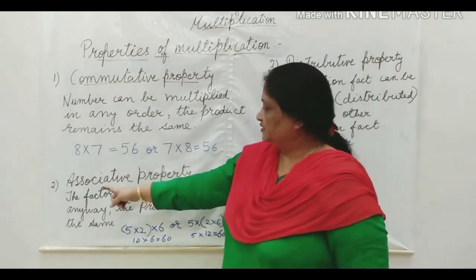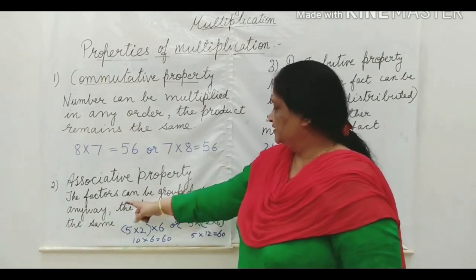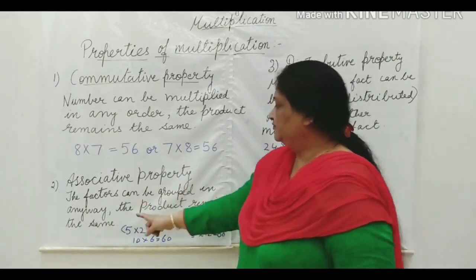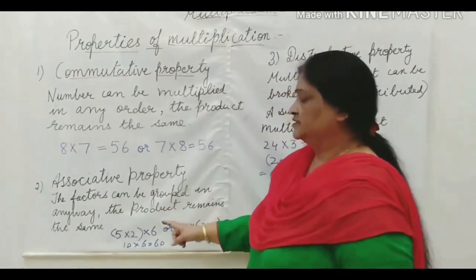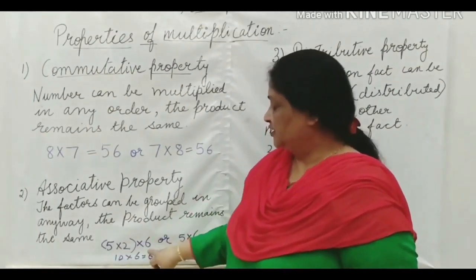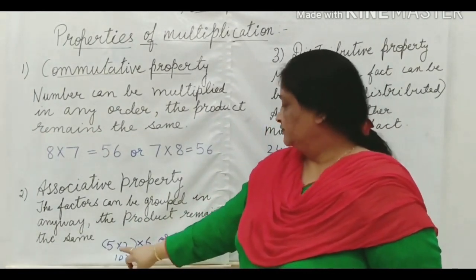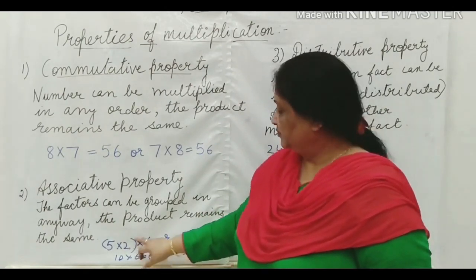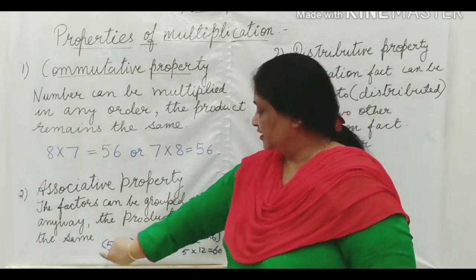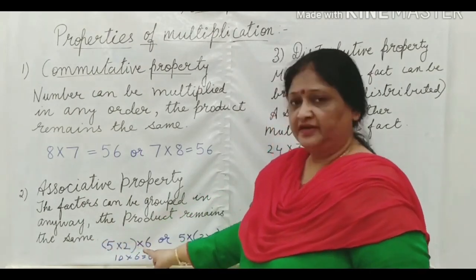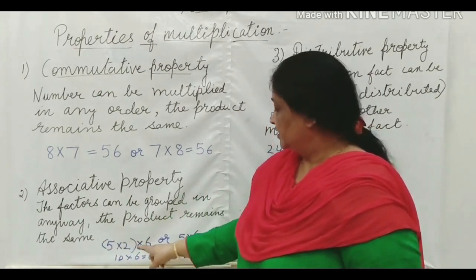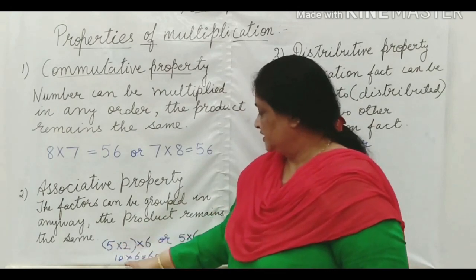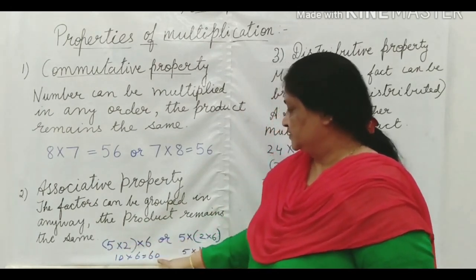The next property is the associative property. The factors can be grouped in any way and the product remains the same. Means there are three factors, 5 multiplied by 2 multiplied by 6. When we put 2 factors in the bracket and 1 factor outside, then 5 2s are 10, and multiplied by 6 is 60.